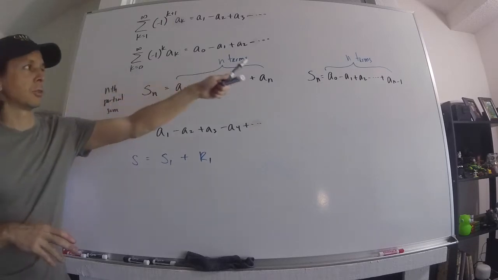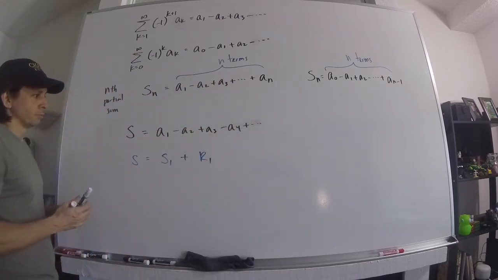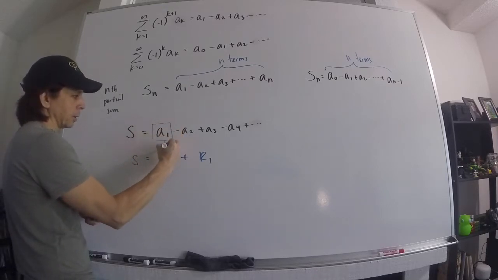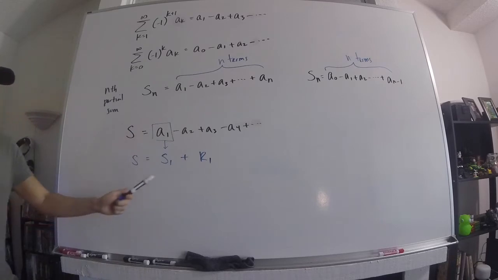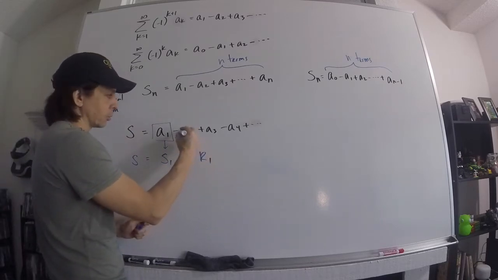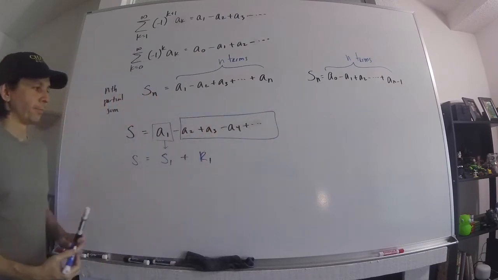She's doing the A0, so she'll be doing the one over here. But anyway, this right here is S1, literally the first term. And the remainder is everything else. So all of this is your remainder 1.